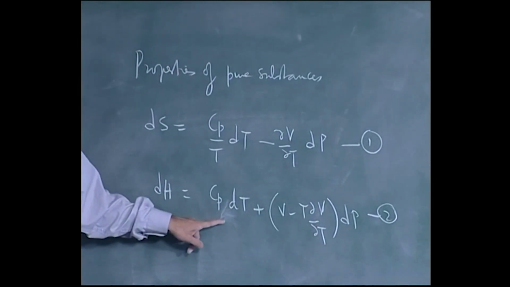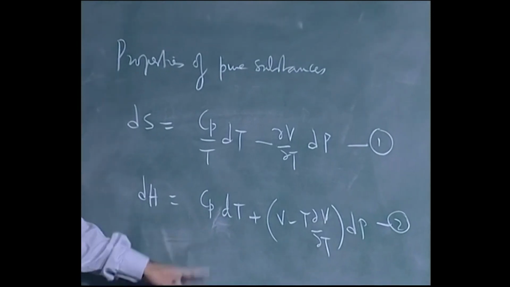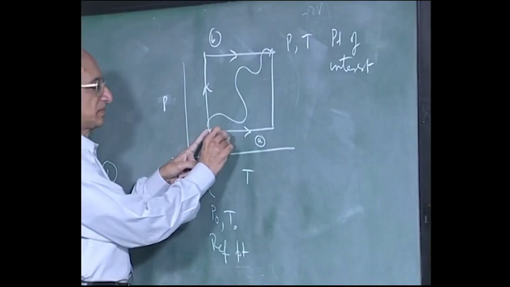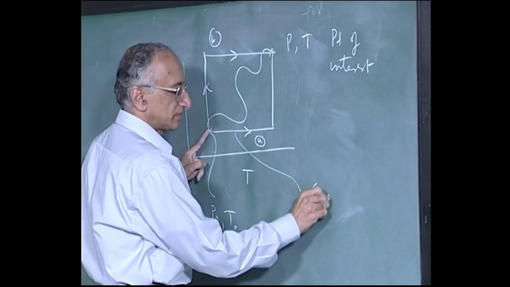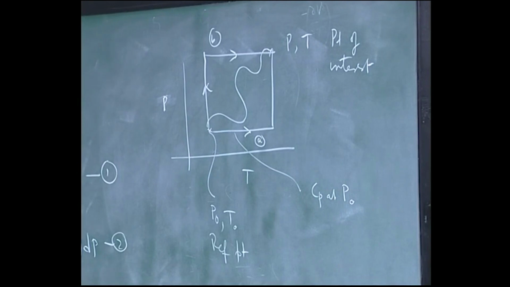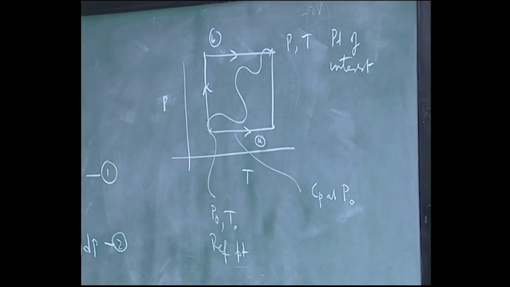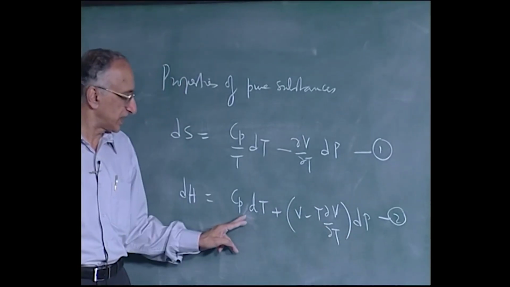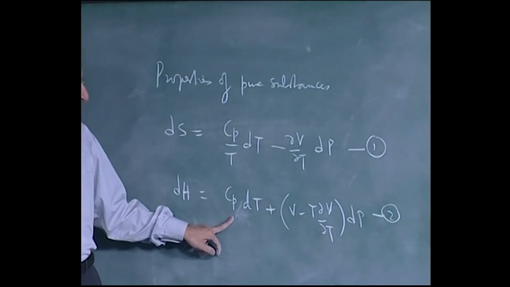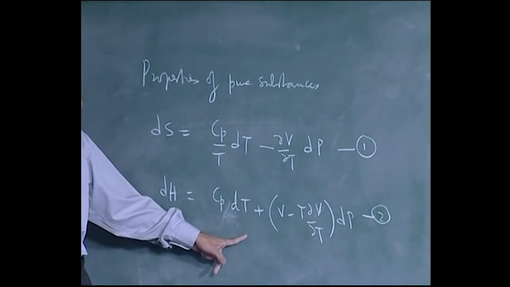The enthalpy equation requires that you have Cp information at constant P. So if I follow this path, I need Cp at P0 in order to get to this intermediate point, because I am doing that integration at constant pressure. At constant pressure this term will vanish, I need only Cp. Then after I turn, it is constant temperature, so this term will disappear.